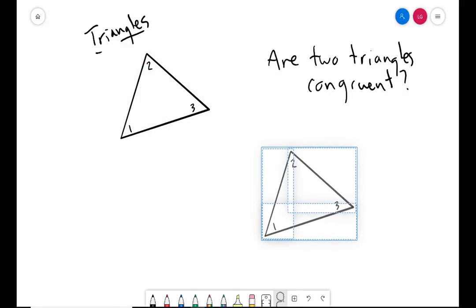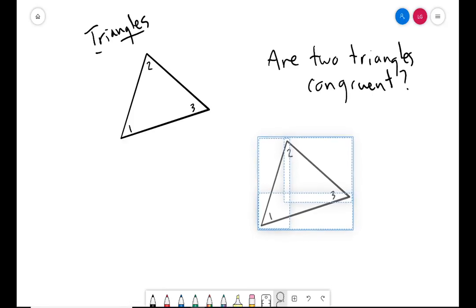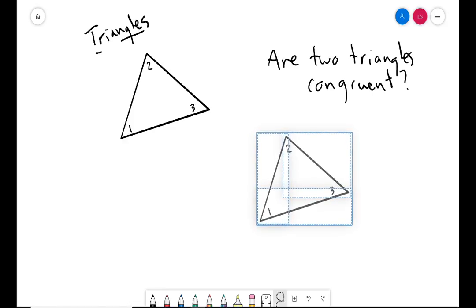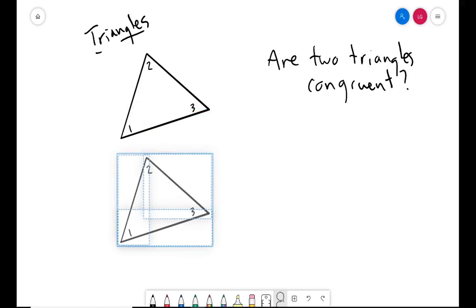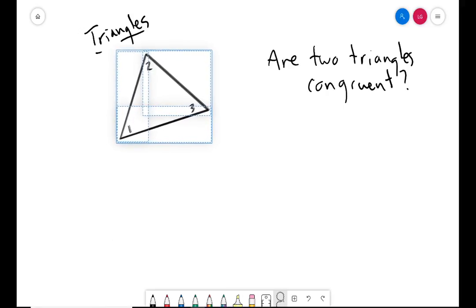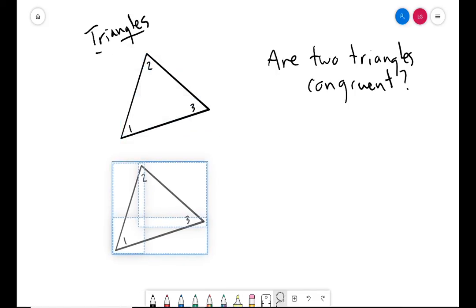But in most scenarios, you're given two triangles and asked, are they congruent? So you have to establish for yourself, is this type of action possible? I'll notice something.